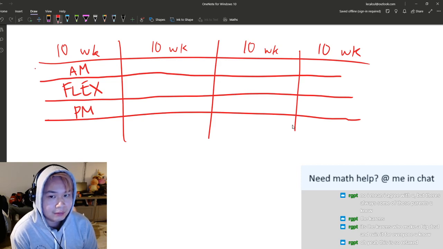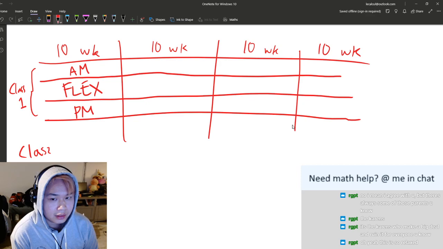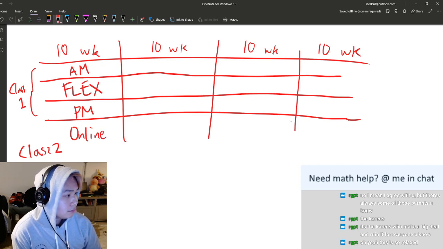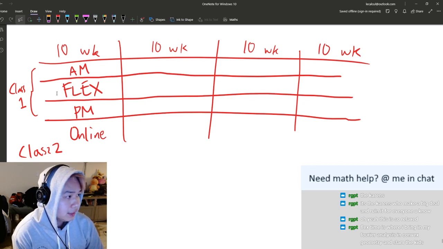So this is class 1. Class 2 is online. Within a quarter, every week you alternate which class is in person and which class is online. So hopefully the system makes sense. And then this repeats through the quarters.